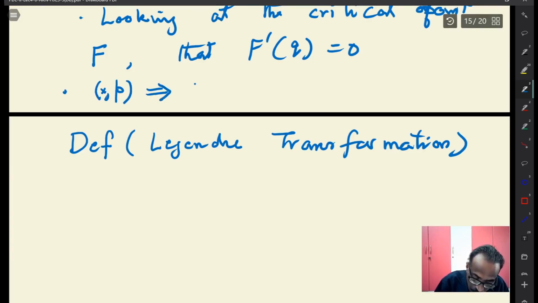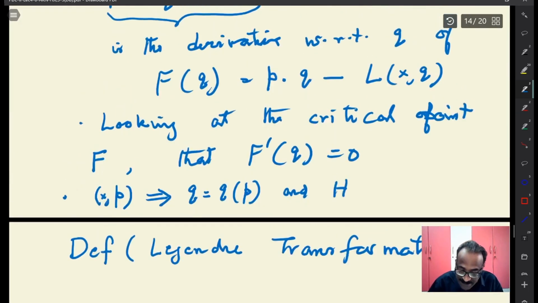you solve for Q, which depends on P. Of course, it can depend on X, that's fine, but now we are not having this explicit expression, so you don't need X here. Q is equal to Q of P and H is precisely the maximizer.